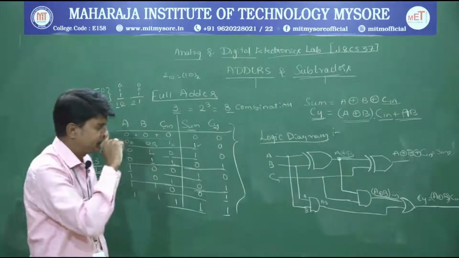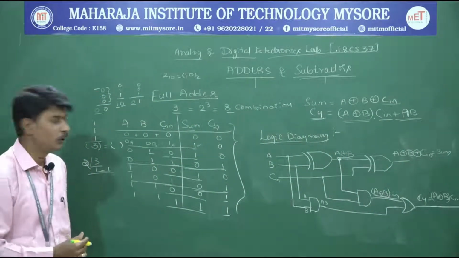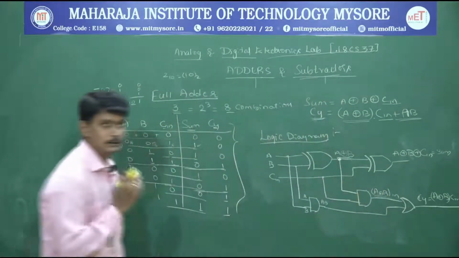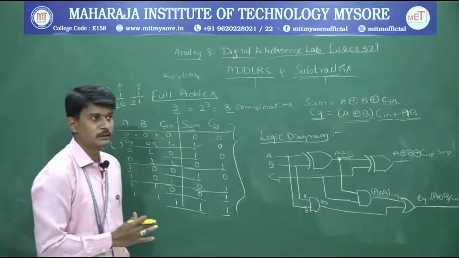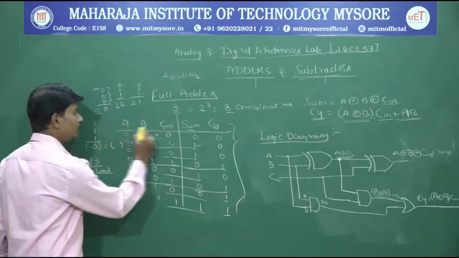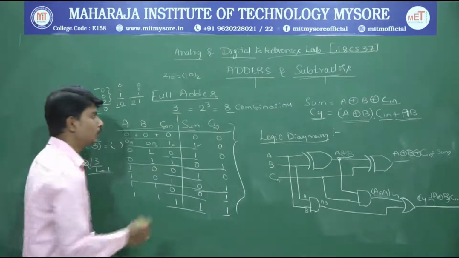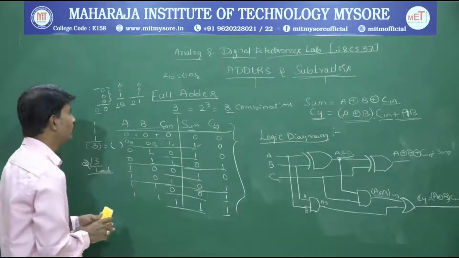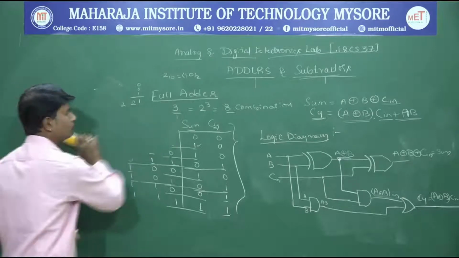So this is what a full adder circuit is. And this combinational circuit will add 3 input variables, and it will generate 2 output variables. Now let's go for a subtractor circuit.